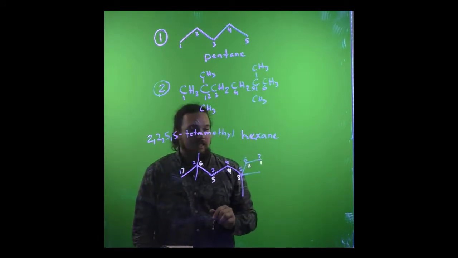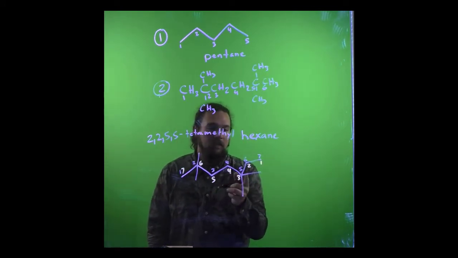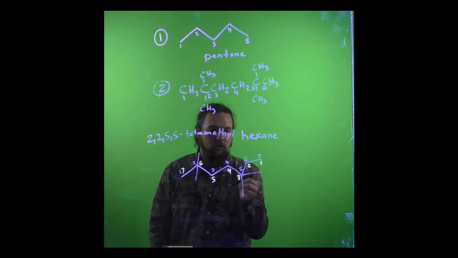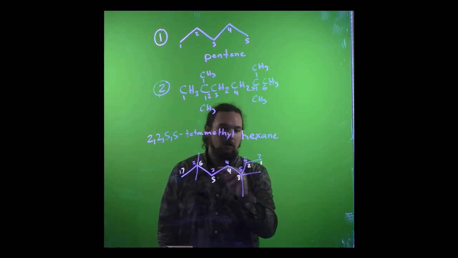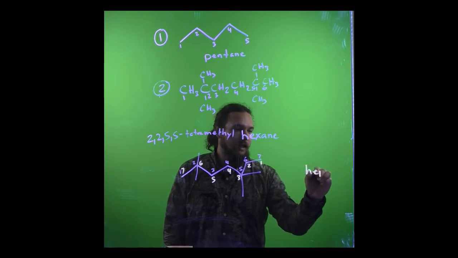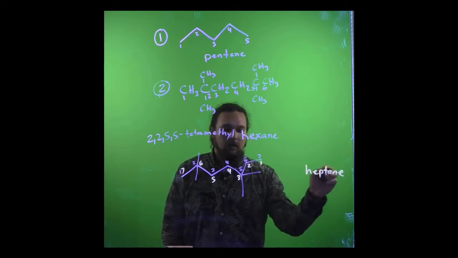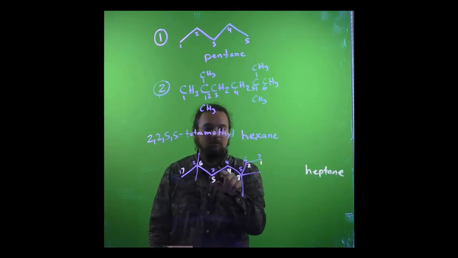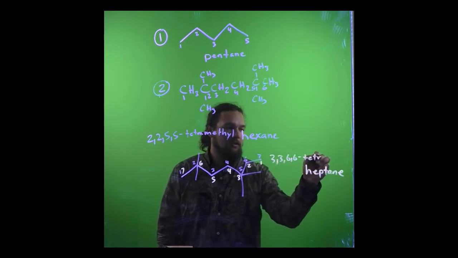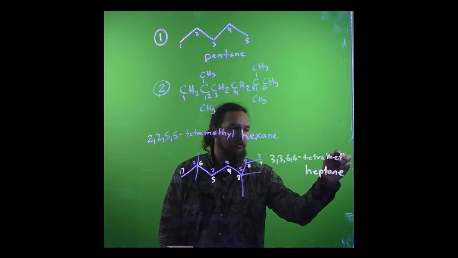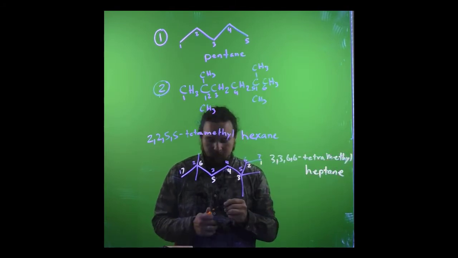So looking at this, let's just say what the name would be in orange. When I number it in orange, I would say that this is a 7-carbon chain, so it would be a heptane. And then we have methyl groups coming off at position 3, 3, and 6, 6. So this would be 3,3,6,6-tetramethylheptane.